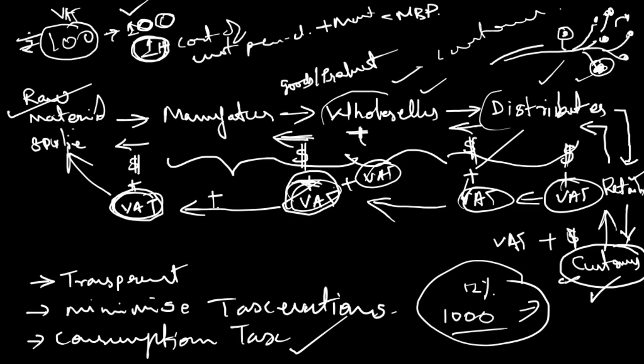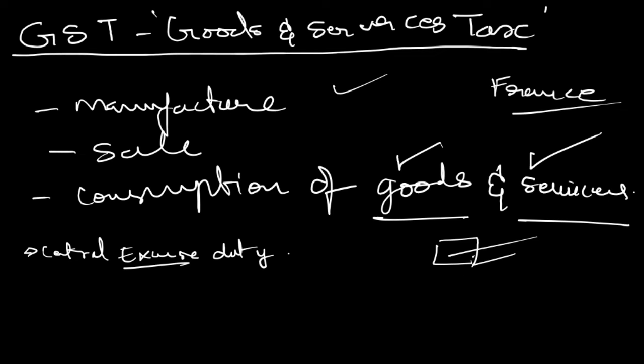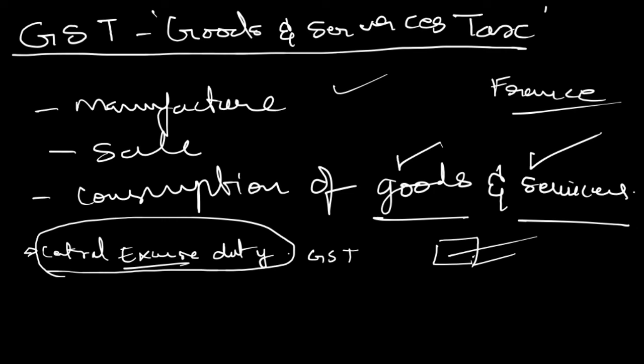The manufacturer was levying central excise duty, but now as per the enactment of GST, central excise duty is also covered by GST. Service tax will be covered by GST.